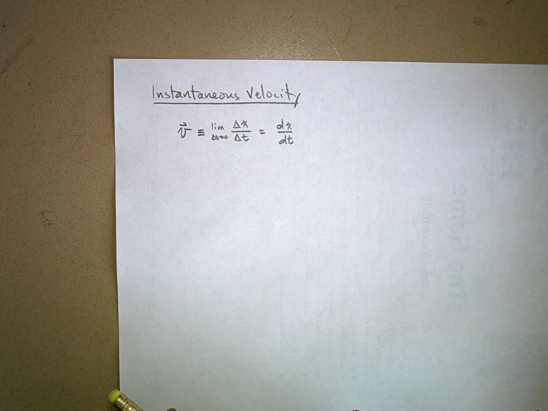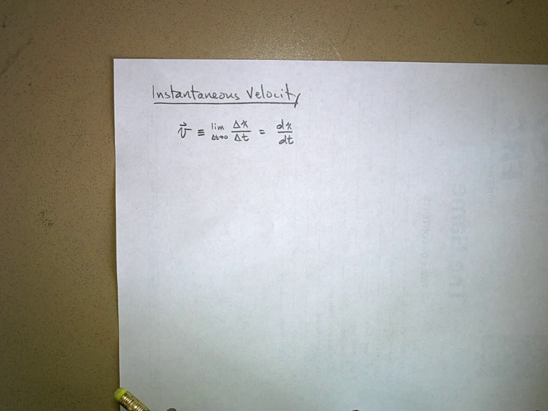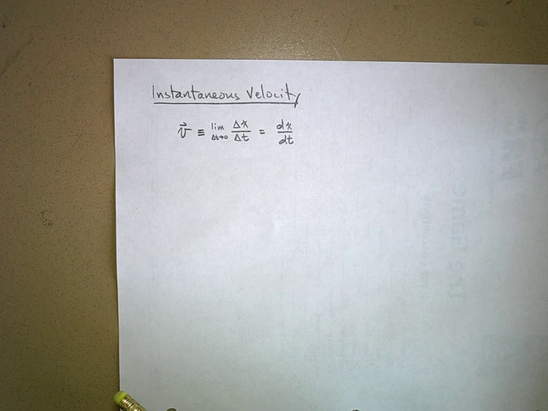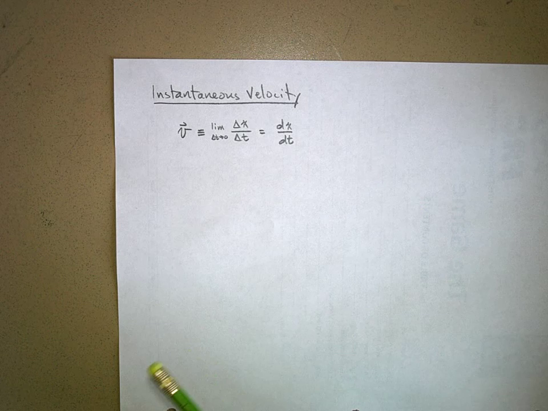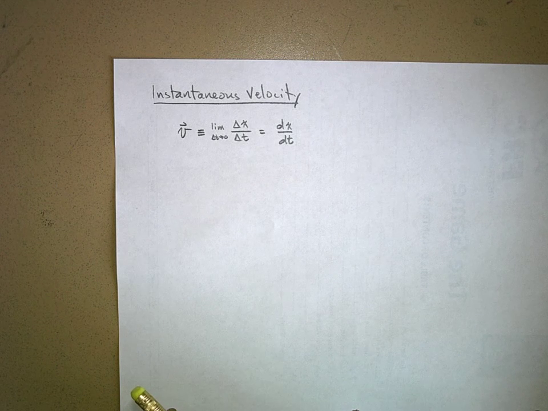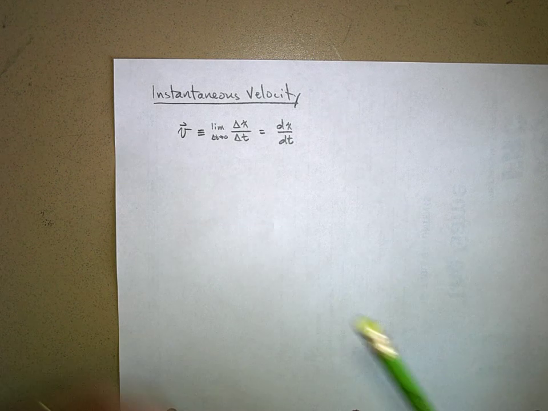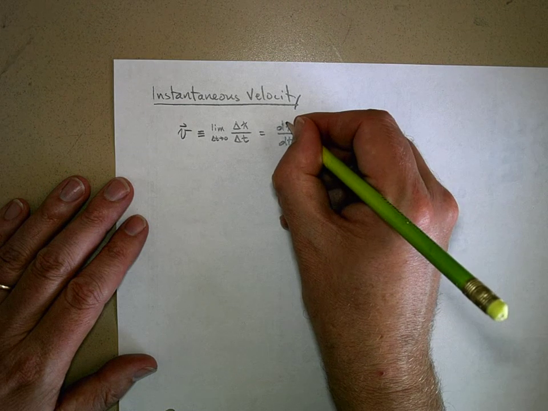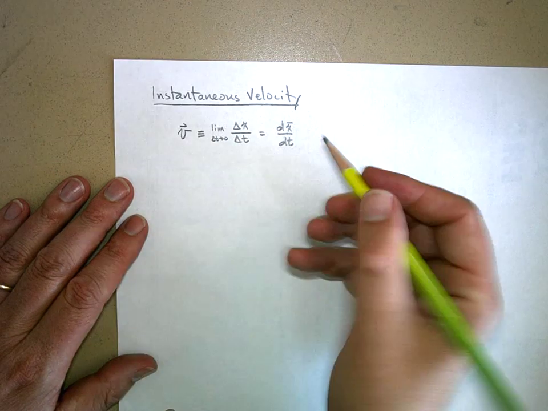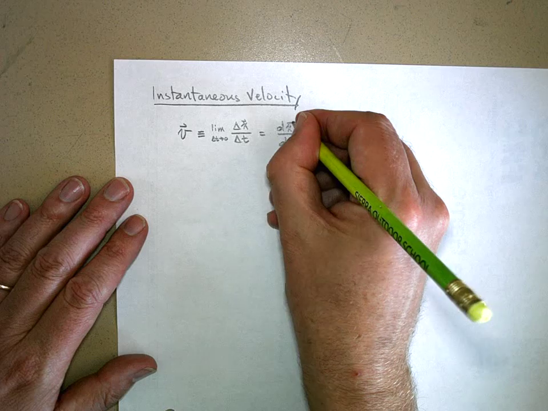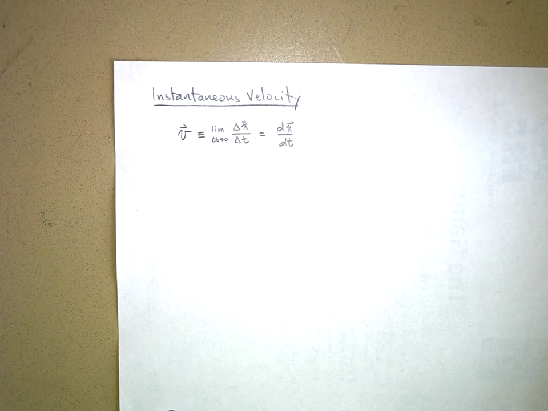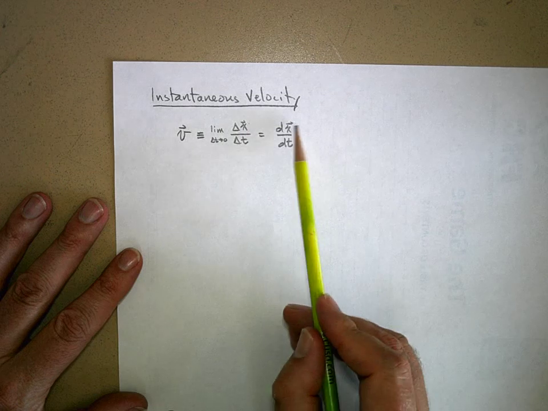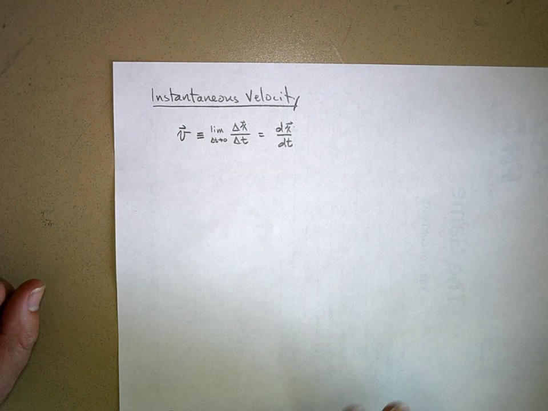Not a big deal, because you're going to get it very soon in your math class, and it's not a big deal on the test. But in any case, this is the operational definition. By the way, I don't put vector hats on delta x very often because it's in the x direction, either negative or positive, so it's redundant, but you can put the vector hat on those variables.